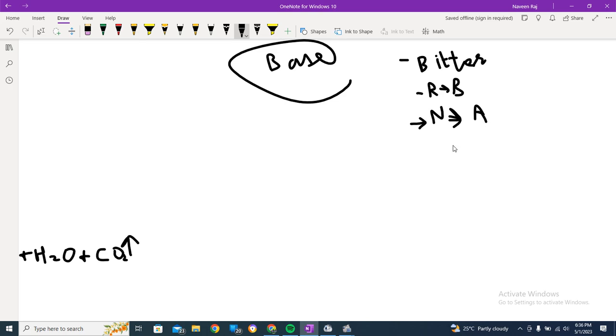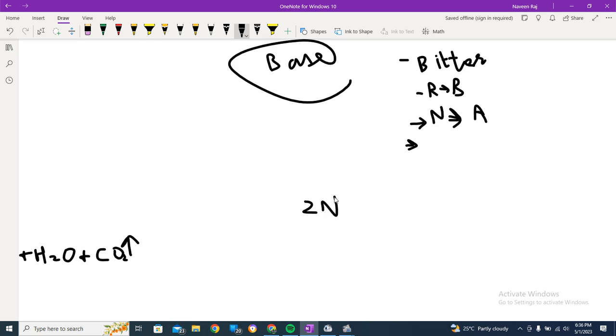The property described by this theory is that bases absorb CO2 to form carbonates. Again the opposite reaction: in acids, carbonates are broken down to eliminate CO2, while bases absorb CO2 to form carbonates. Let's take an example.